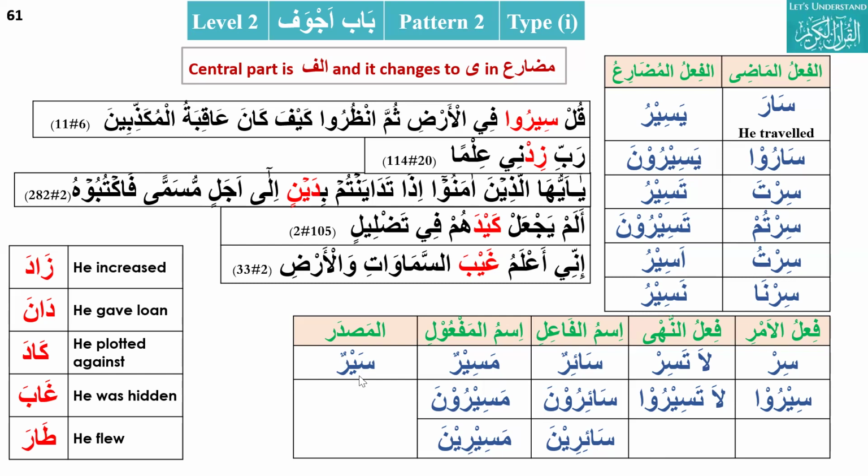Zaidun. What is the third case, Umar, for this Bab Ajwaf? Qala yaqulu. Alif changes to Waw. Can you please do qala? Qala, qalu, qulta, qultum, qultu, qulna.